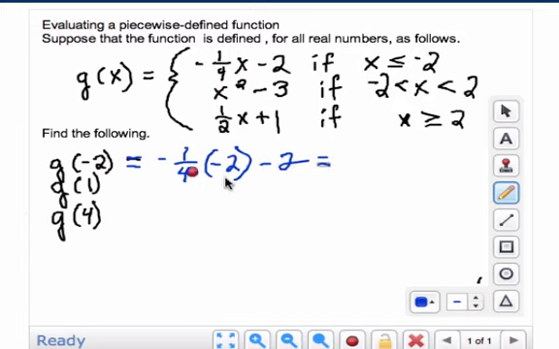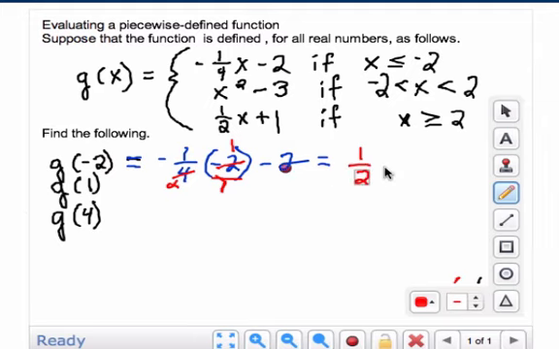So -1/4 times -2, we can think of that as -2/1. We can simplify this: these can both be divided by 2, so that gives me 1 and a 2 here. A negative times a negative is a positive, 1 times 1 is 1, and 2 times 1 is 2.